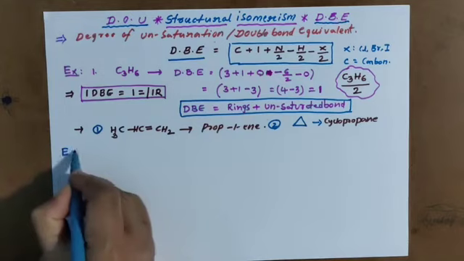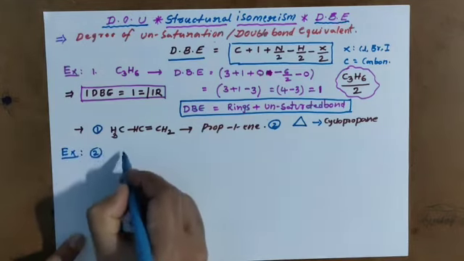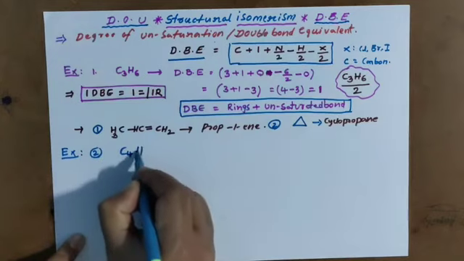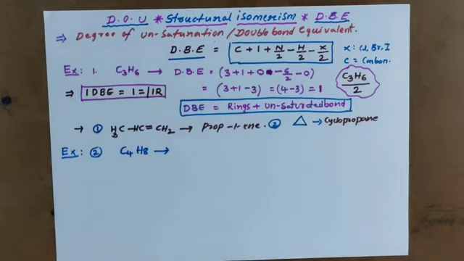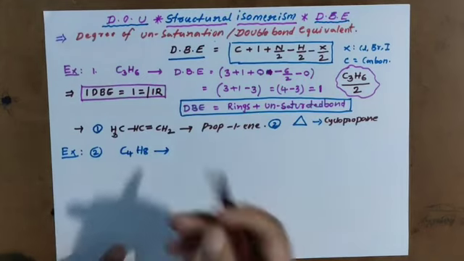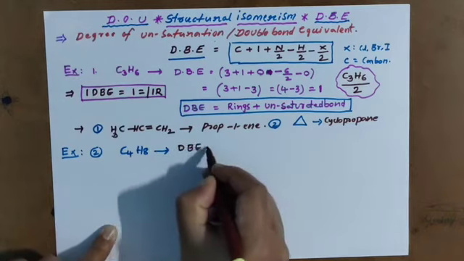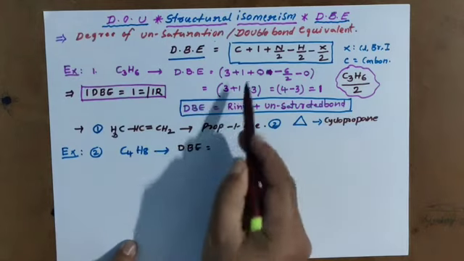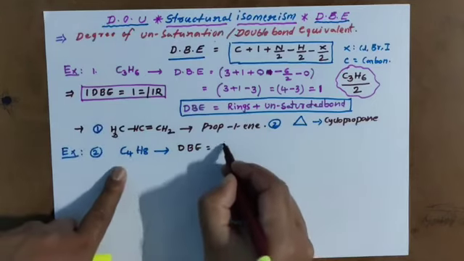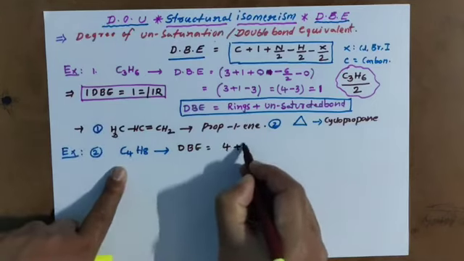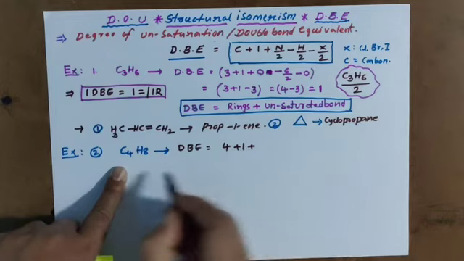Example number 2. And this time I am taking C4H8. How many structural isomers are possible? So first duty, calculate DBE. DBE equal to, so formula: C, number of carbon atoms, how many carbon atoms? 4, plus 1, plus N by 2.